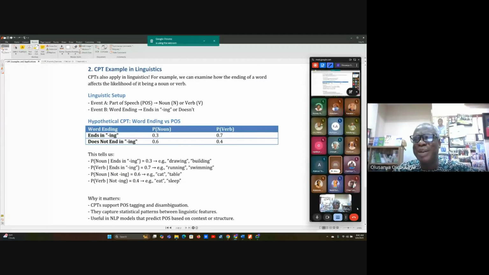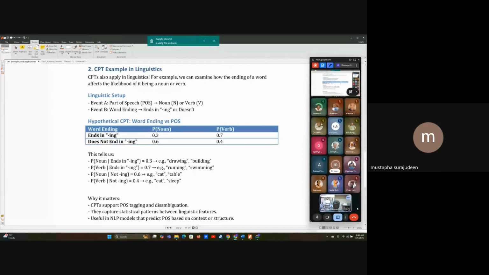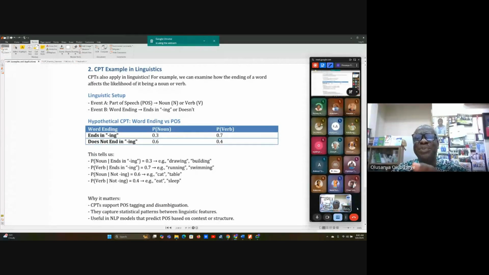No, don't talk about probability yet. I want you to give me words that change, either from noun to verb or verb to noun, by what we do to end the word.